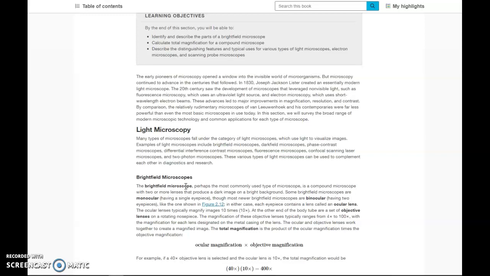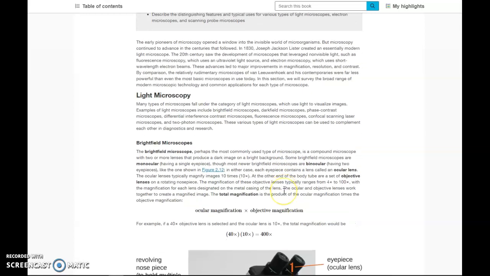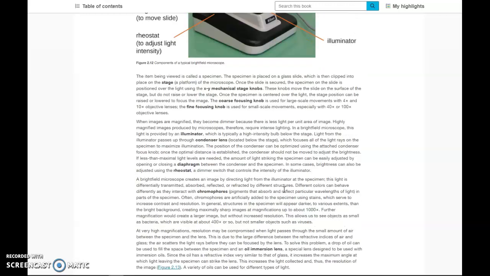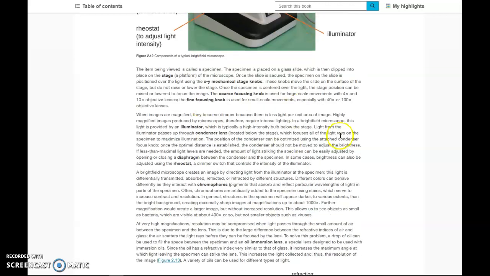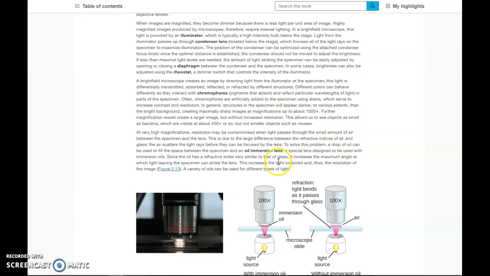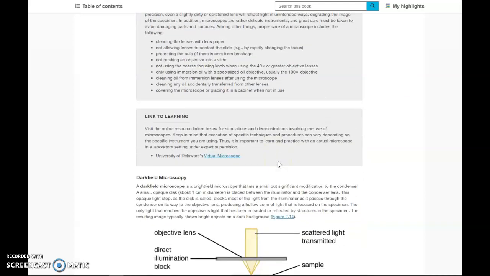They are binocular, which means they have two eyepieces that we look through, and we can get a total magnification of a little more than 1,000 times before we start to lose the resolution, before we start to lose the sharpness of our specimen, what we're trying to observe. And we'll look more specifically at the parts of a microscope when we get into the lab.